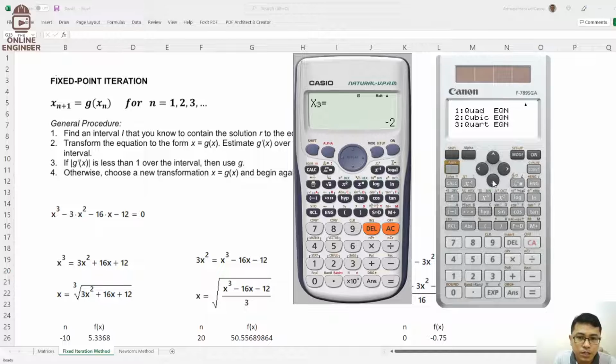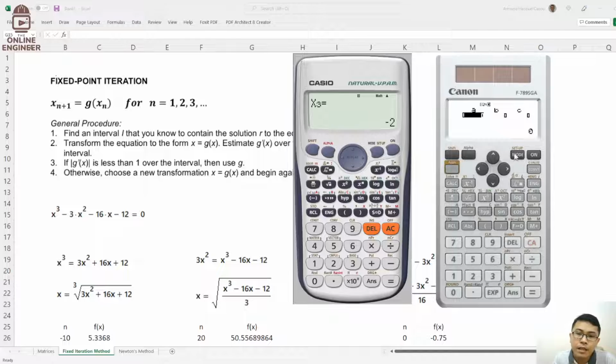So we press the down key, select the cubic equation, that's option number 2, and input our coefficients. Once again, it's 1, negative 3, minus 16, and negative 12 as well. So this will solve the roots for us: 6, negative 1, and negative 2.